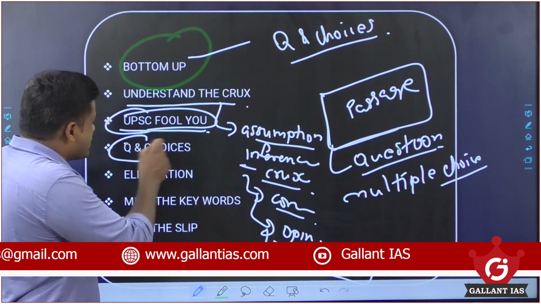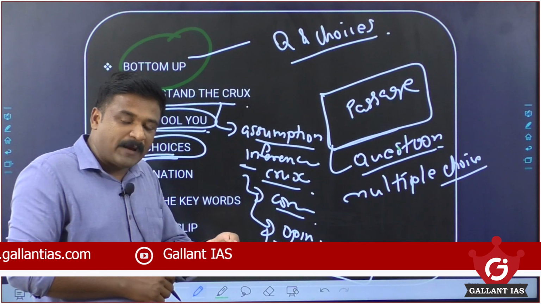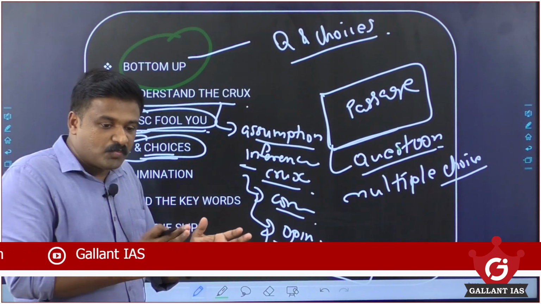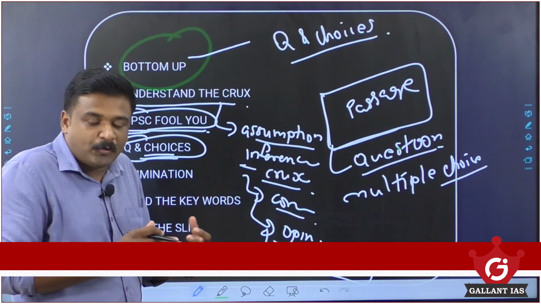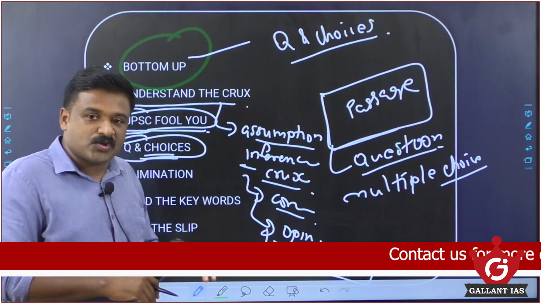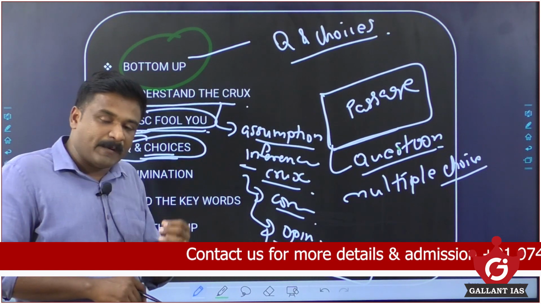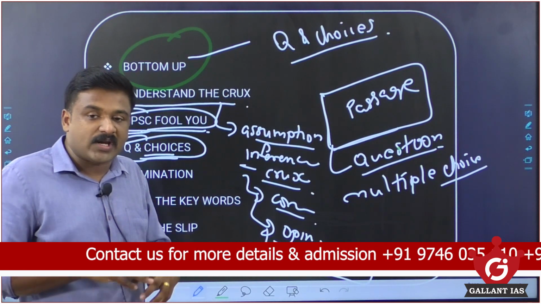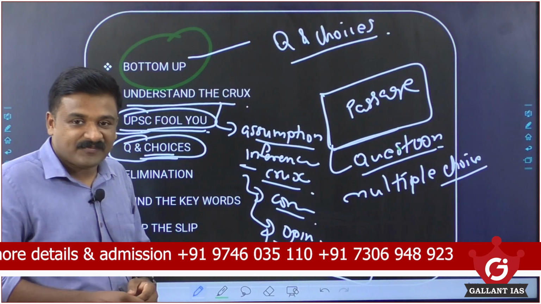Then, the question and choices. Always give priority to the question and choices rather than the passage. The passage size, smaller or bigger, descriptive passages, hypothetical passages, whatever the passage, doesn't matter. Read the question and choices, then come to the passage. If you are not able to understand the central idea of the passage, just leave the passage and question there.